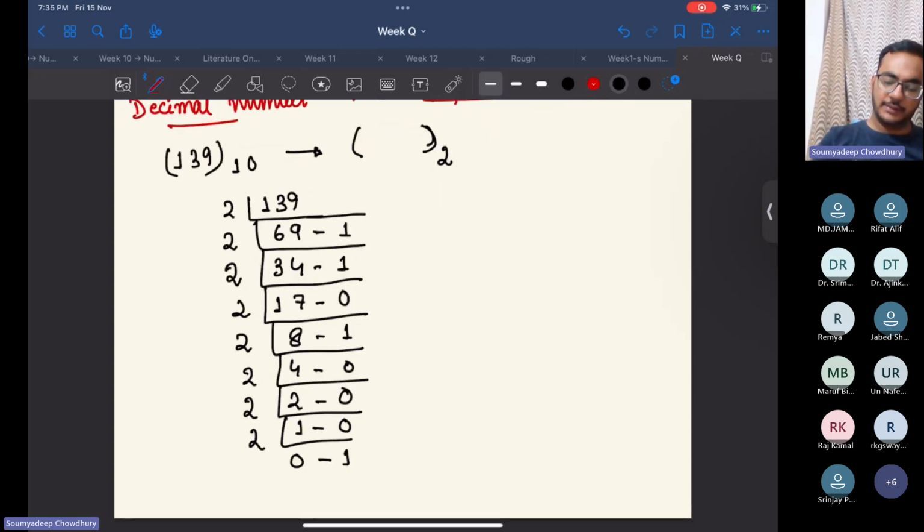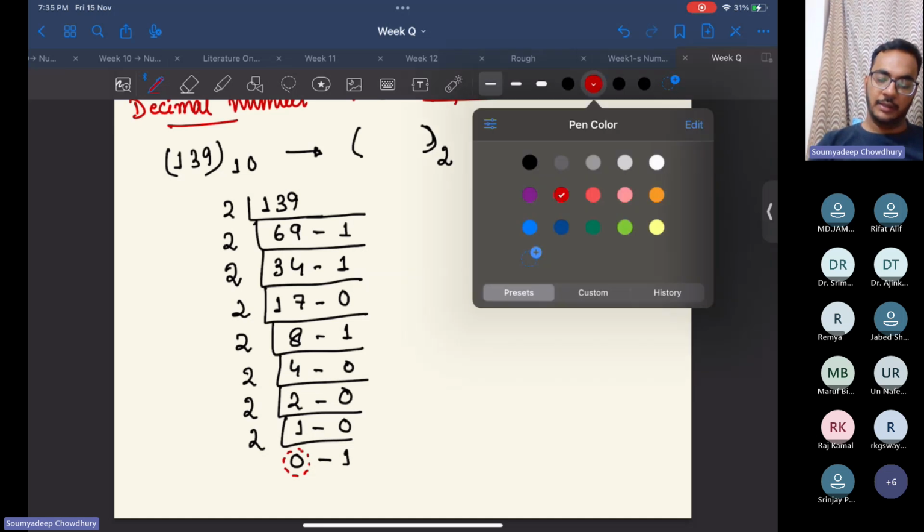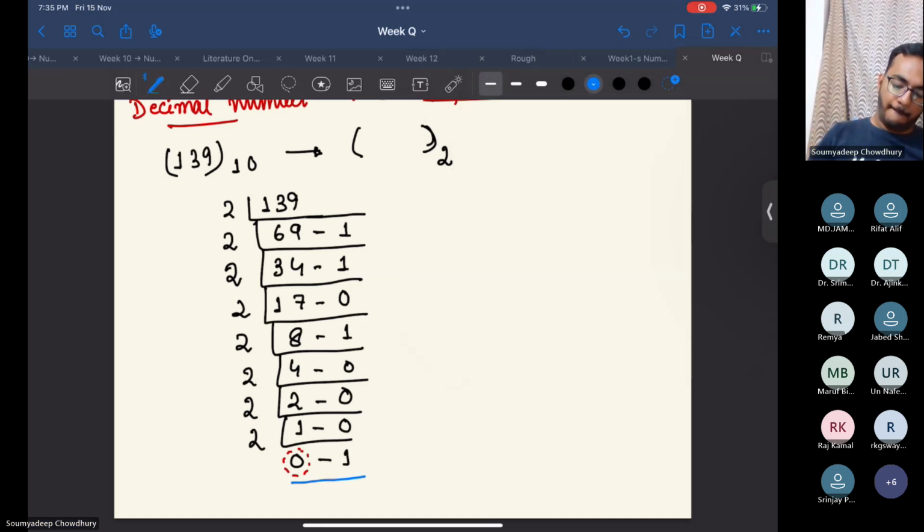Until this quotient becomes 0, you have to continue the division. Now you just need to represent these remainders in the reverse order.